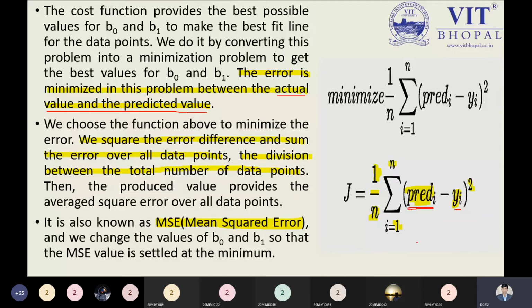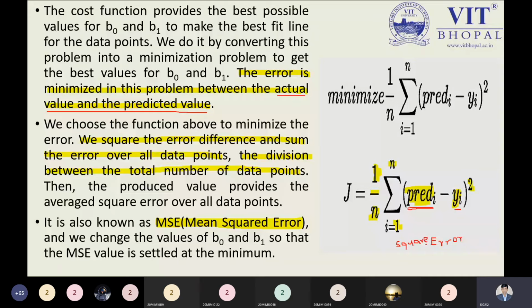So first we get the error with the help of the differences between the actual values and predicted values. After that we do the square, because error cannot be negative.